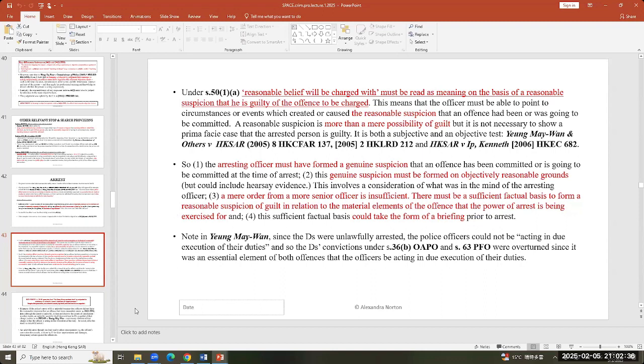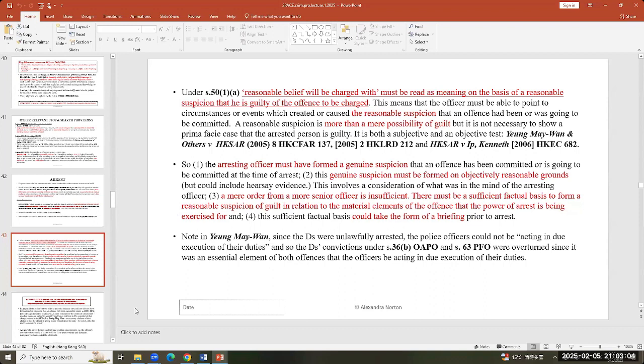And if the original arrest was unlawful because there was no reasonable suspicion that an offense had been committed, then the subsequent charges had to fall away as well, because the officers were not acting in due execution of their duty when they made the arrest, because they did not have the reasonable suspicion that an offense had been committed.